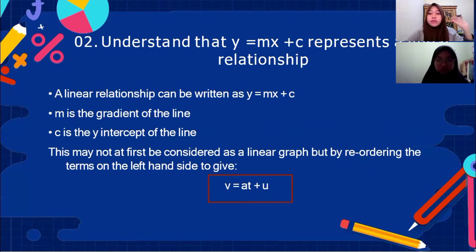We have an example of the relationship between velocity and time. The real form is v equal to u plus at, but we can change it into v equal to at plus u, which has the same form as y equal to mx plus c.